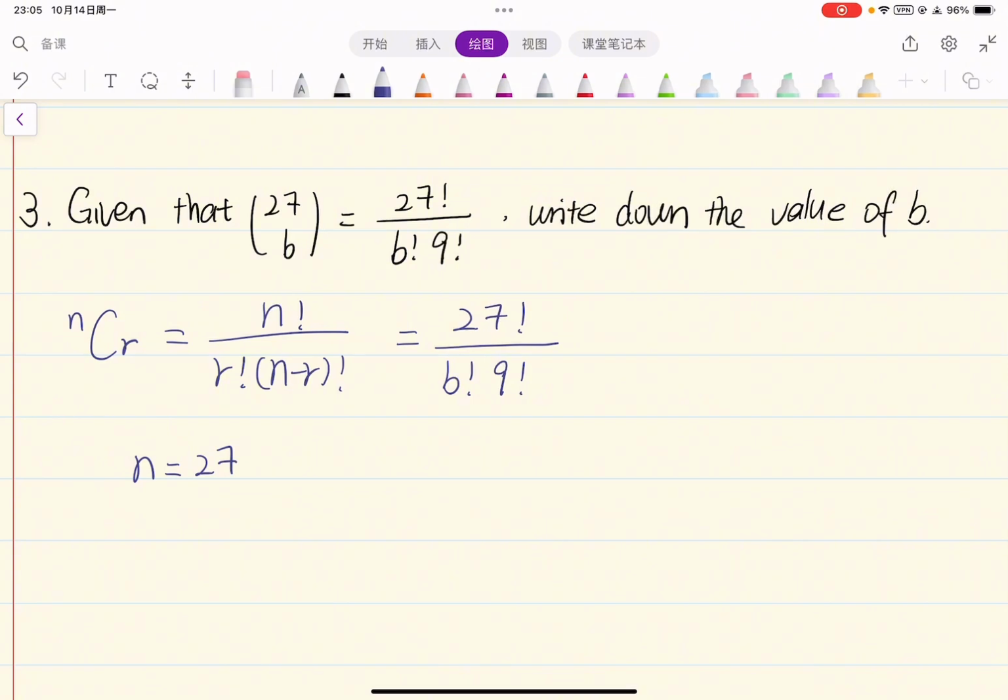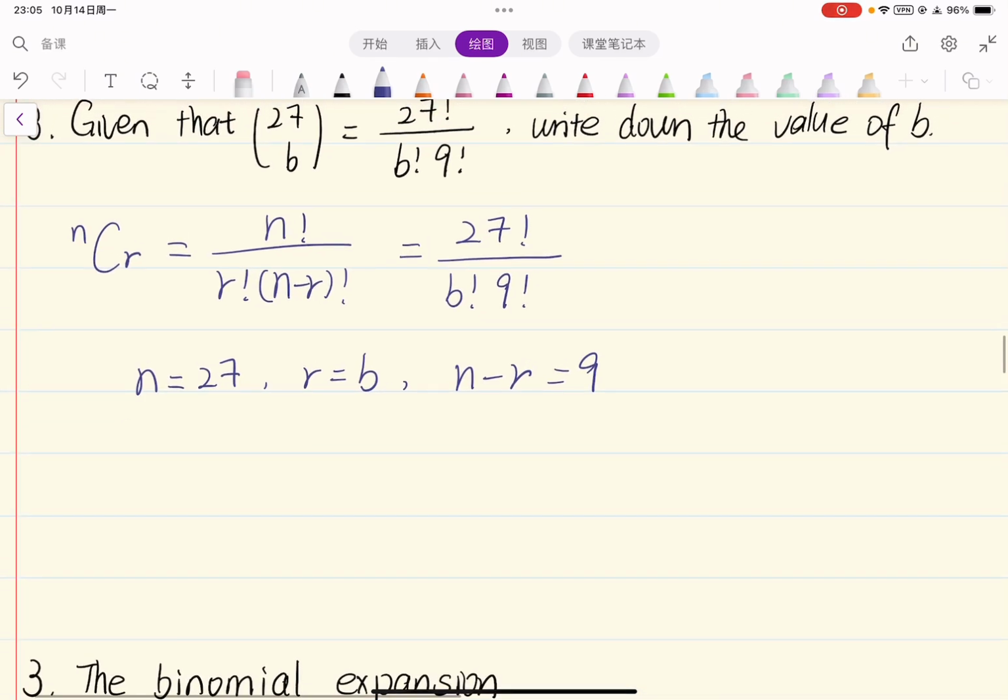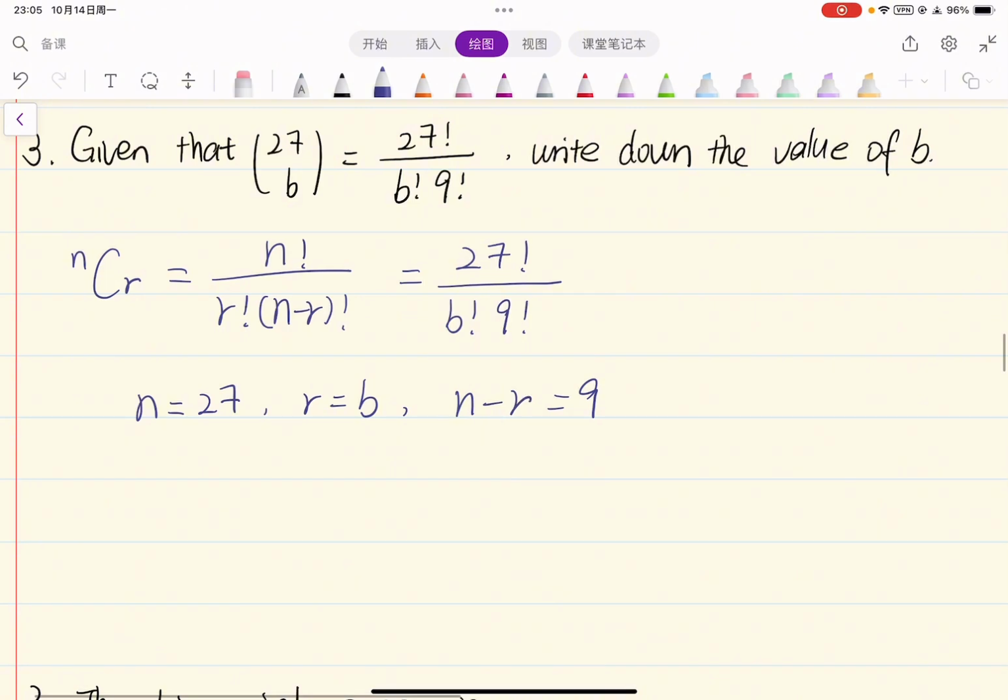Since the value of b is missing, r equals b. What we are left with is n minus r equals 9. Substituting 27 into n minus r, we get 27 minus r equals 9. So r equals 27 minus 9, which is 18. So we find the value of b equals 18.